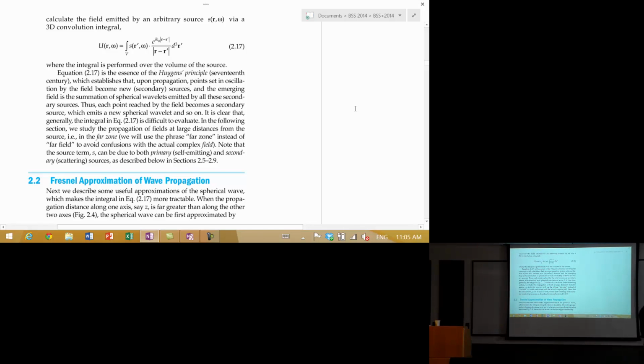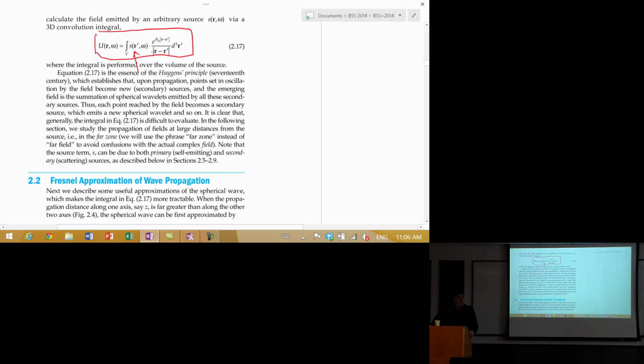Can we write directly the solution to that, once I know the solution to a point? The answer is yes. What is that solution? It's simply the convolution between the input, the source, and the spherical wave, which is my impulse response, my Green's function.